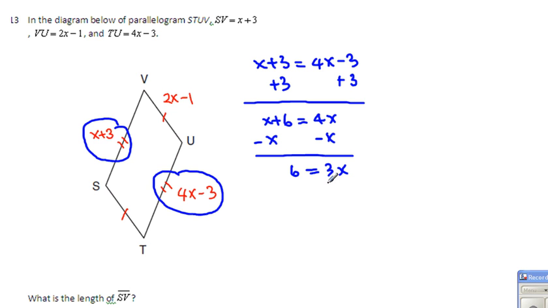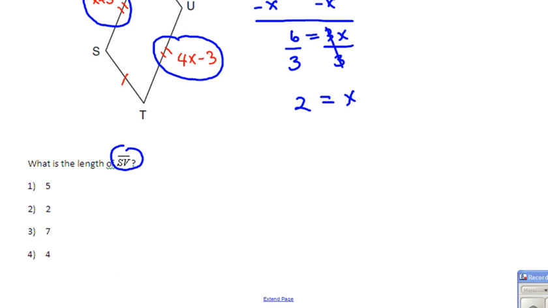Now, to have the x by itself, we gotta divide by 3, right? Then x would have been equal to 2. Since x is equal to 2, then this line segment becomes 2 plus 3, which is equal to 5. And that's what SV would have been. So there it goes, our answer is choice 1.